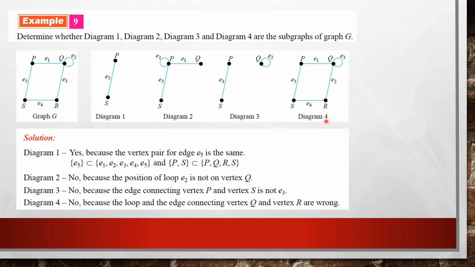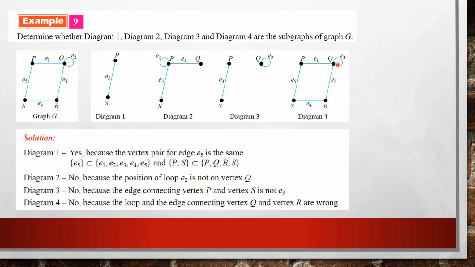Next, we look at diagram 4. The vertices are still the same, P, Q, R, S. So you have E1. Now the loop is labeled as E3, but in graph G, the loop is labeled as E2.